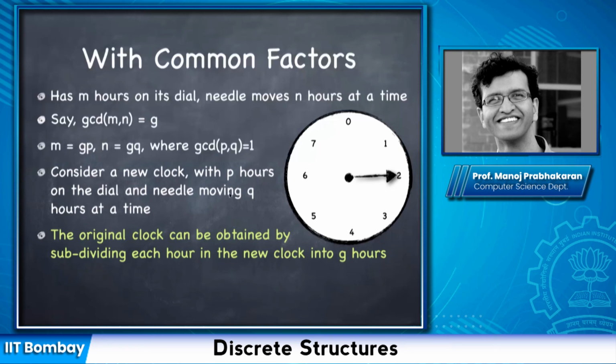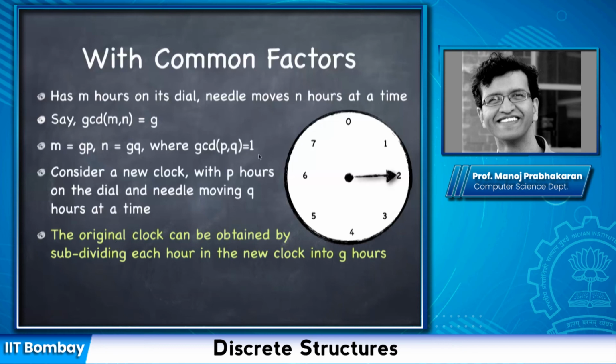And the total number of hours in the new clock, there are p hours. When I magnify it, it'll have g times p, so it has m hours, right? So the magnified clock is actually the original clock. By magnifying, I mean every hour has now been subdivided into g hours.